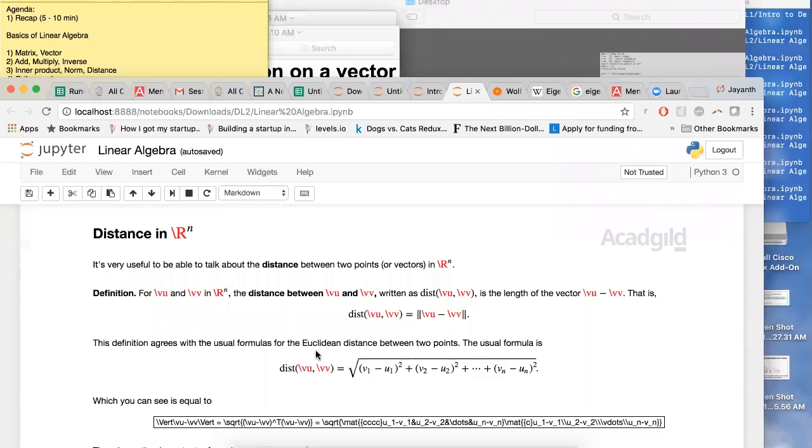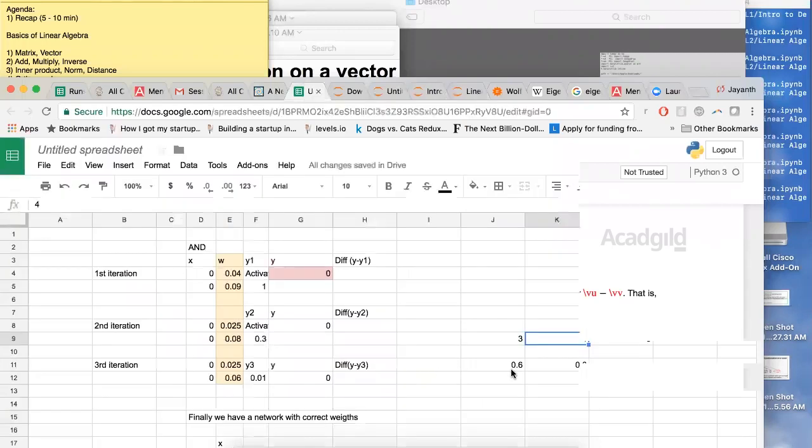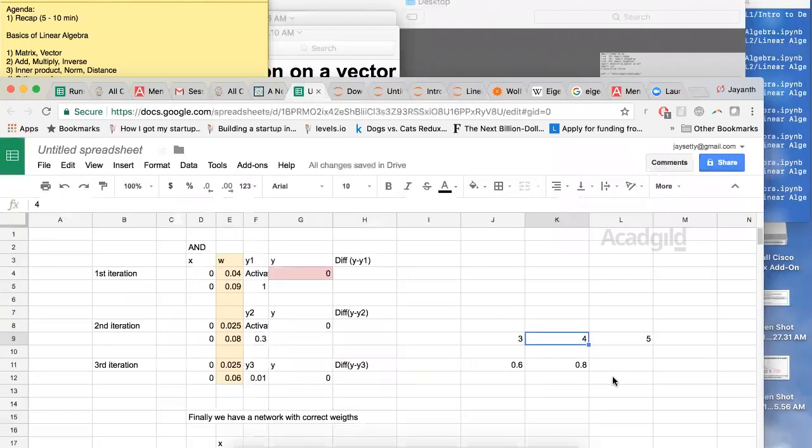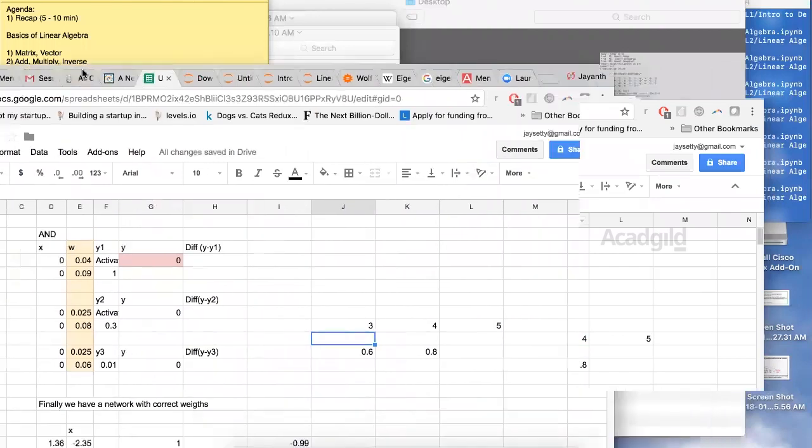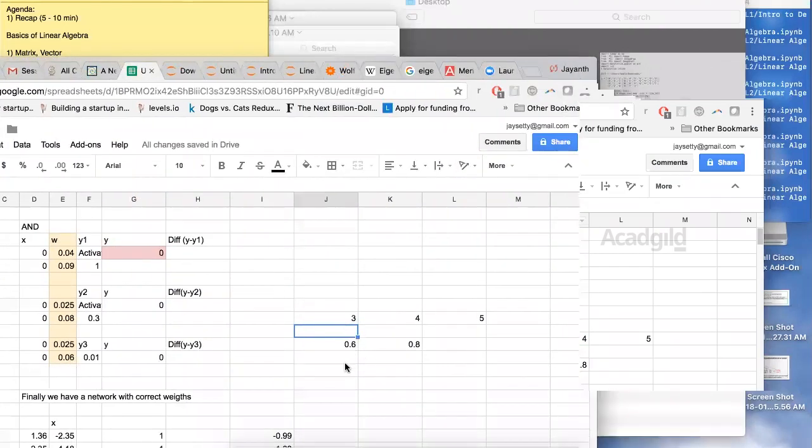So let's say we have two vectors. I want to know the distance between the vector 3, 4 and another vector 7, 9. The way to get that is I take the square root of the sum of the squared differences of each.